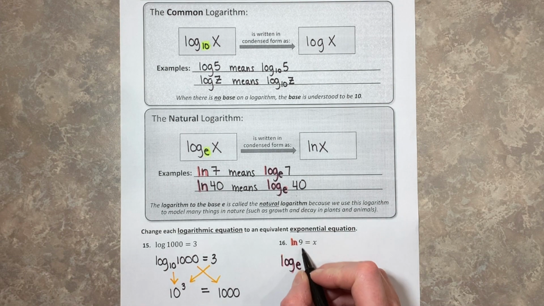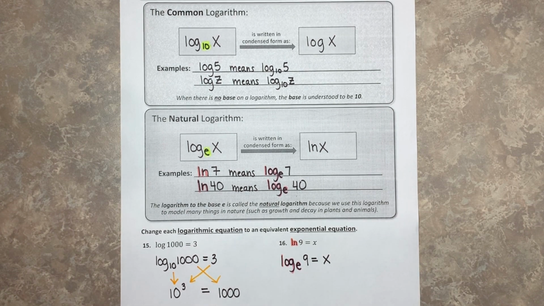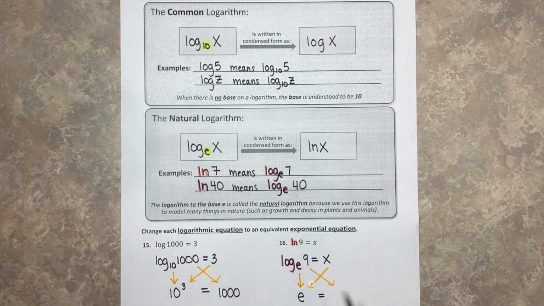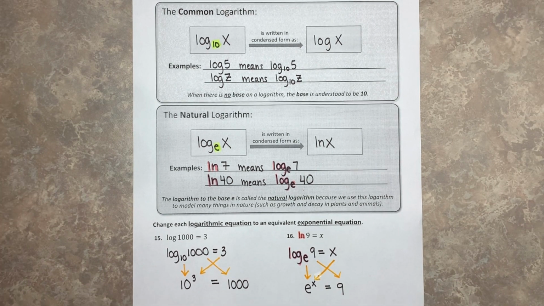And then we'll copy down the other pieces, the argument, which is 9, and the exponent, which is x. Now that we've rewritten it so that we can clearly see the base, let's write this in exponential form. We bring down our base, which is e, and then we can switch the next two values. We'll put the 9 over here and the x over here. So here's the exponential form. e to the x is equal to 9.